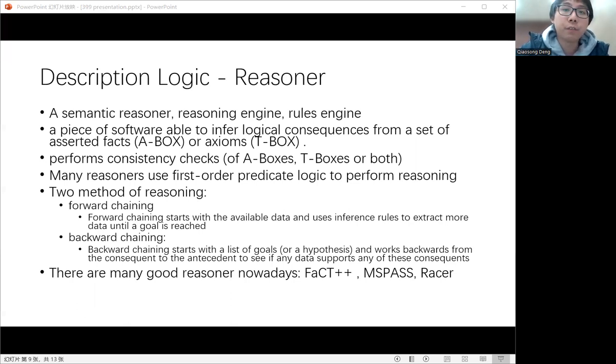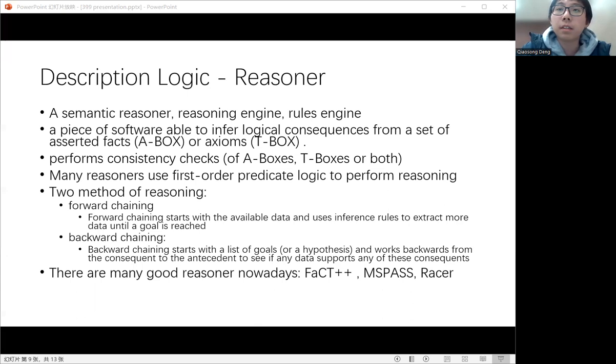The opposite of forward chaining is backward chaining. Backward chaining starts with a list of goals or hypotheses, and works backward from the consequent to the antecedent to see if any data supports any of these consequences. An inference engine using backward chaining would search the inference rules until it finds one with a consequent that matches a desired goal.